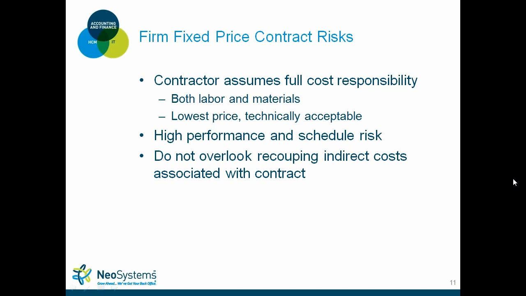What that means is, if your indirect costs fluctuate year upon year or even on a monthly basis, we'll just take fringe, for instance, if you bid it at 30% and your fringe fluctuates to 35, 40%, you really can't recoup those types of costs. You just have to build it in within the funded value that the government gives you.